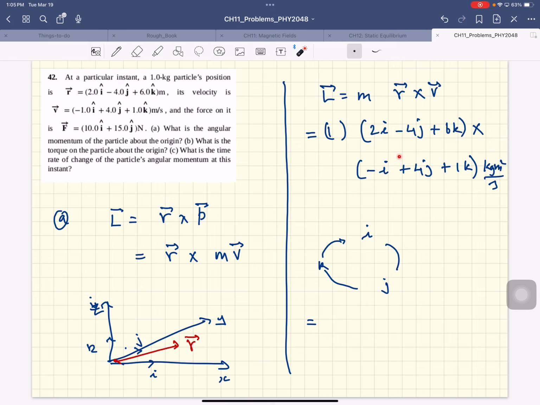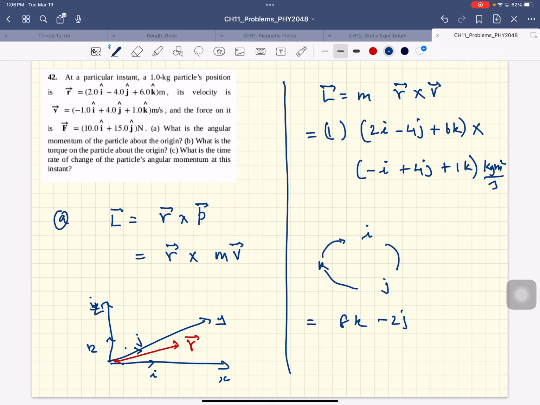i cross j is k, so that is 8k. Then i cross k is minus j, so that's minus 2j. Everybody comfortable with that?